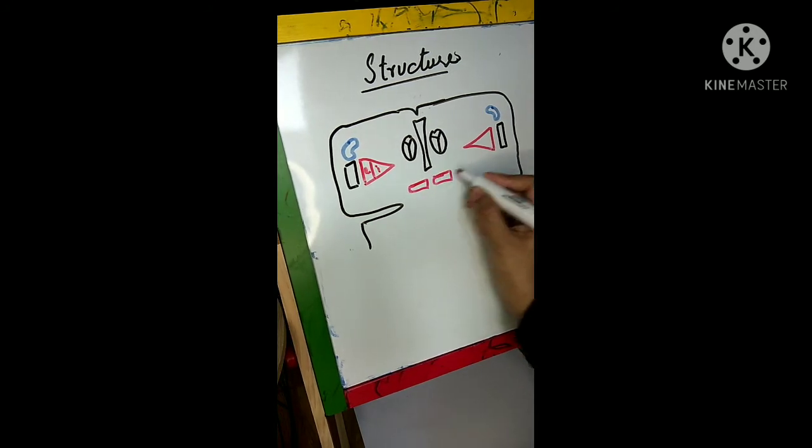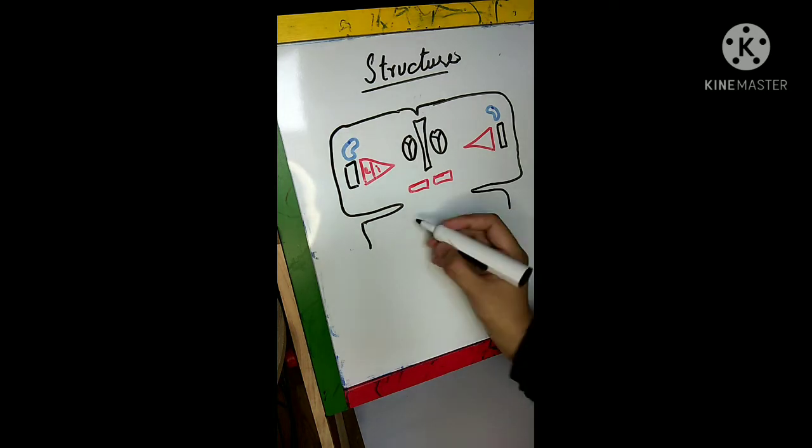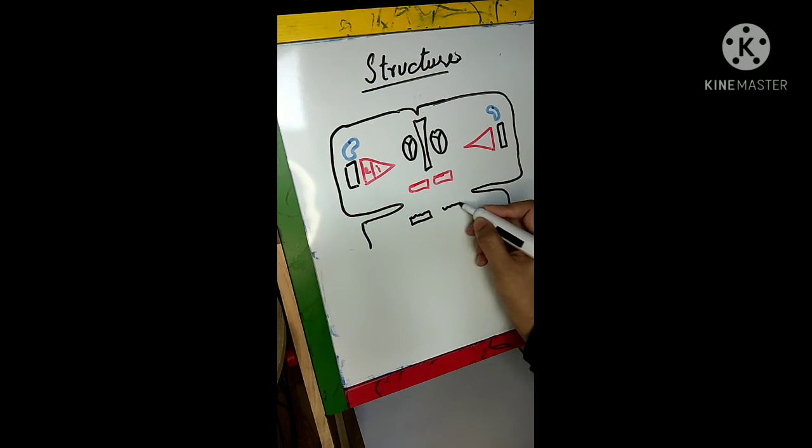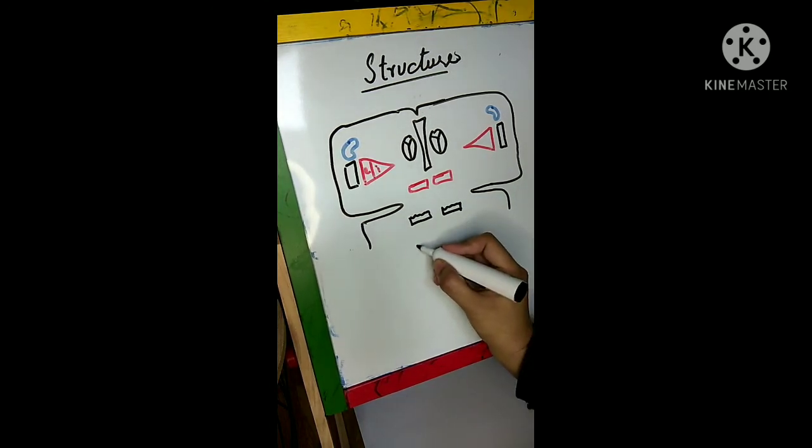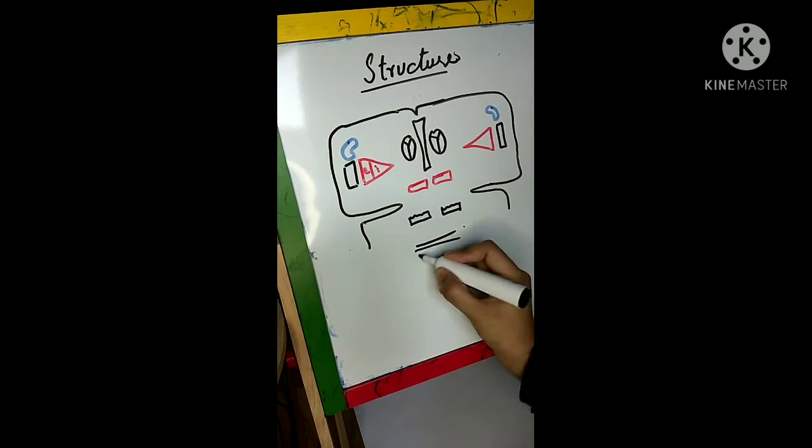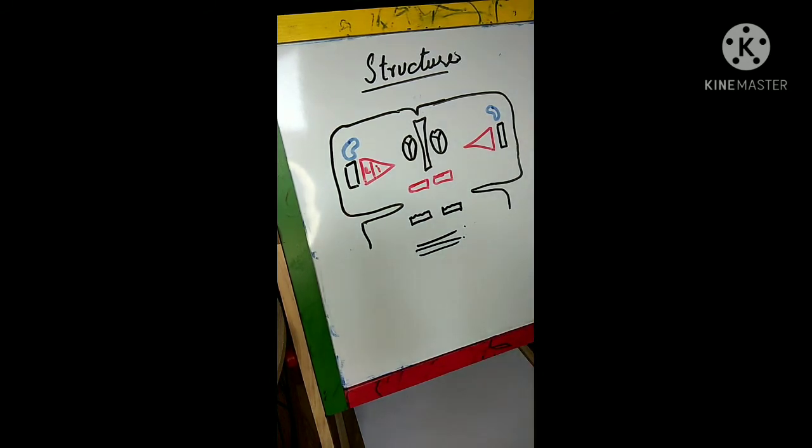These are the subthalamic nuclei. Below these I am drawing substantia nigra. You know, substantia nigra is in the midbrain and it has two parts, zona compacta and zona reticulata. And below I am showing ventral tegmental nuclei.